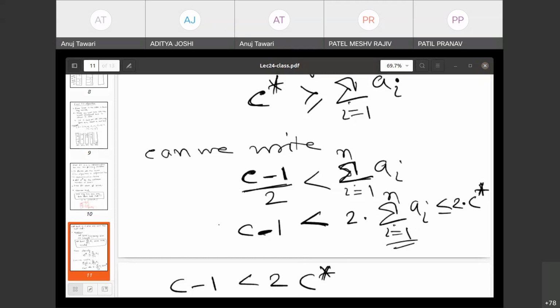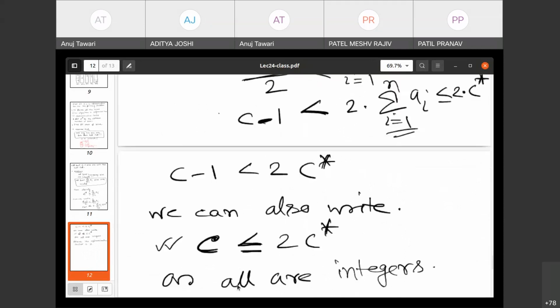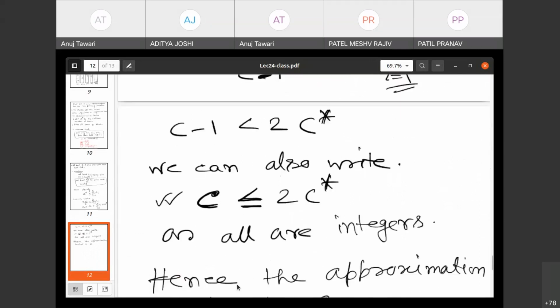Is there a question or no? Okay, so then we get that C minus 1 is less than twice C star, the number of bins, and therefore C is at most twice C star, as all of them are integers.